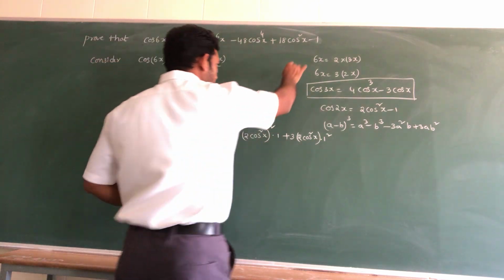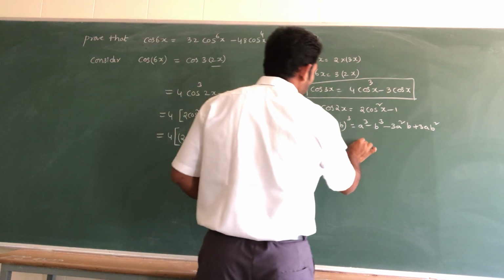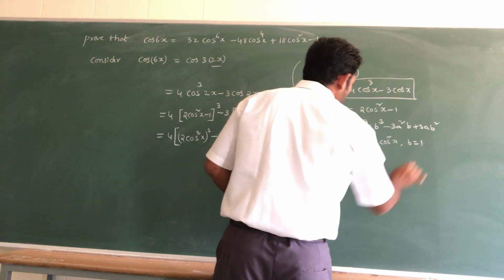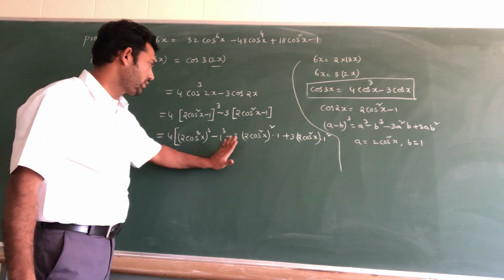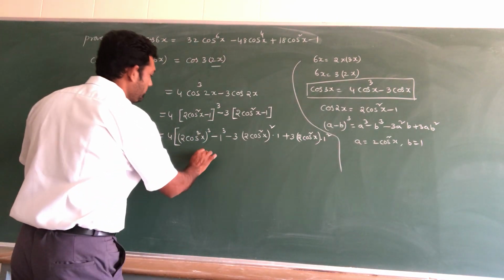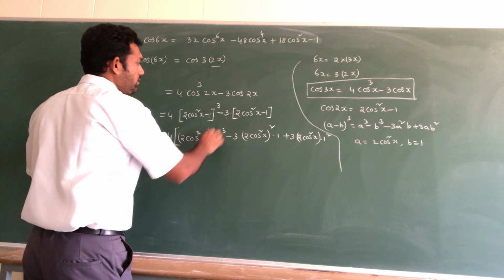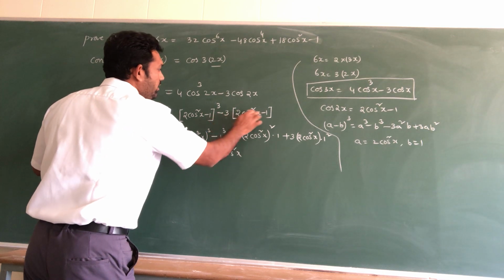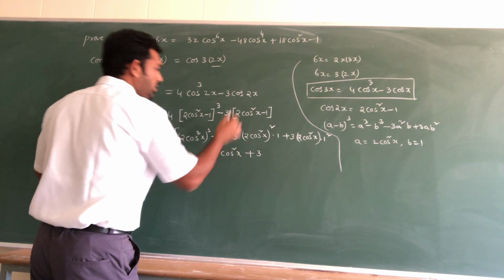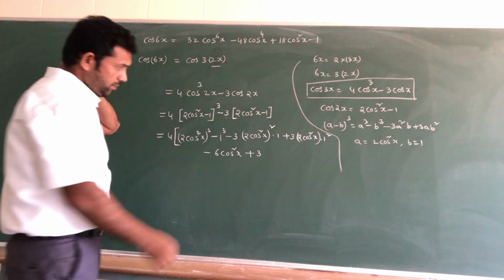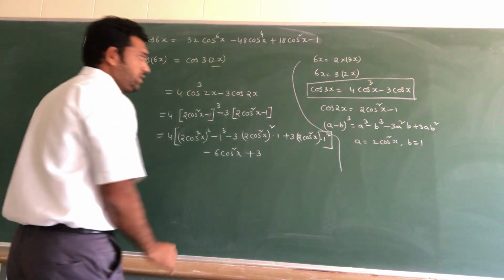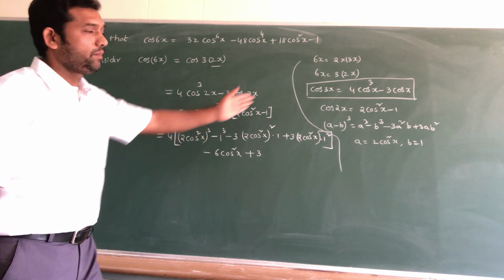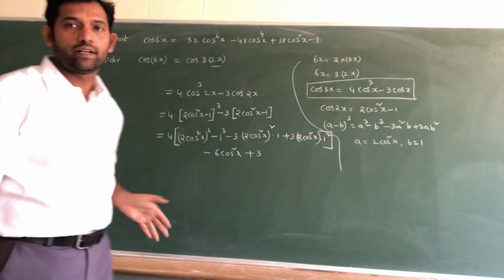In this formula a is equal to 2 cos square x and b is 1. Then minus 3 into 2, 6 cos square x, minus 3 into minus 1, plus 3. Again you do the simplification. Whatever formulas we used are written beside, understand?